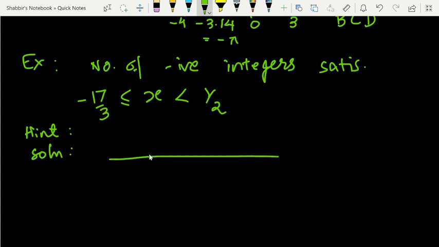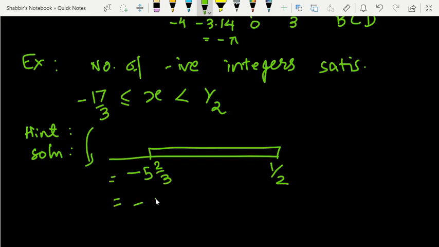So marking it on the number line. Plus half is here. Minus 17 by 3 is minus 5 2 by 3 in mixed fraction, or it can be written as minus 5.67. 2 by 3 is 0.67. So obviously the first integer on the right side of minus 5.67 is minus 5, just slightly greater than this.